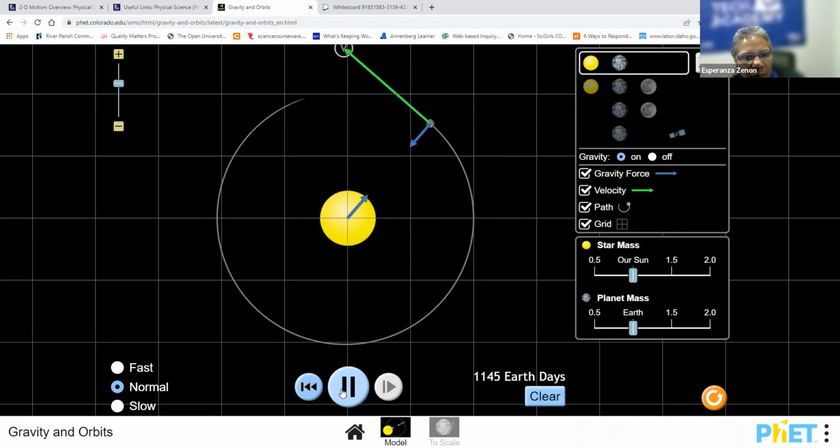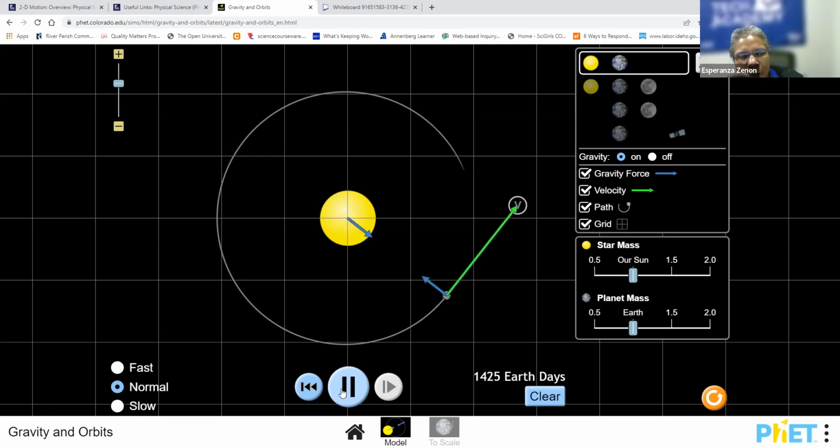Notice that. It always points toward the center of the circle. And I'm talking about the blue acceleration arrow that's attached to the Earth, because it's the acceleration of the Earth in this case that we care about.